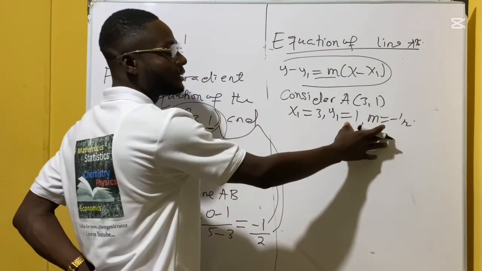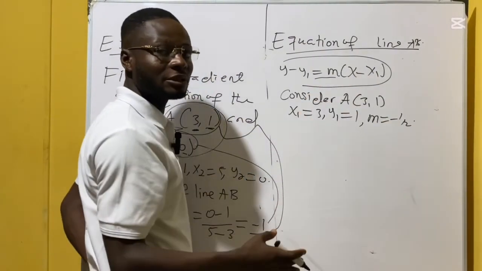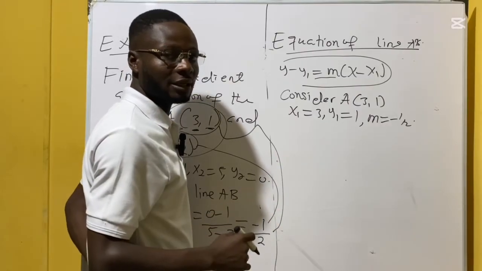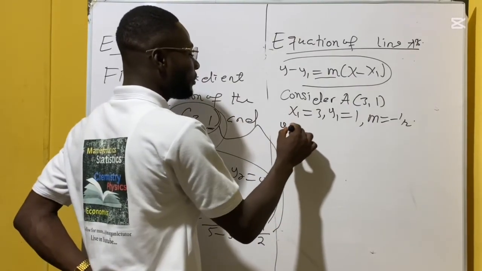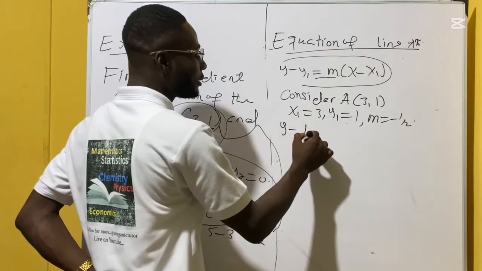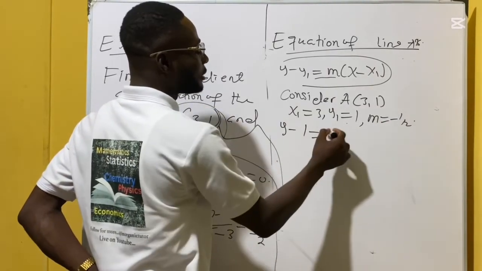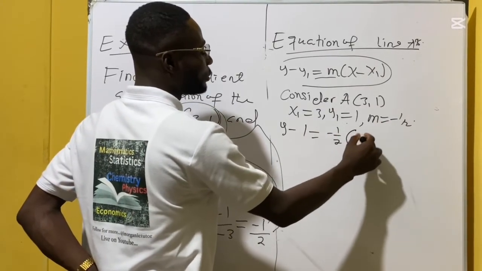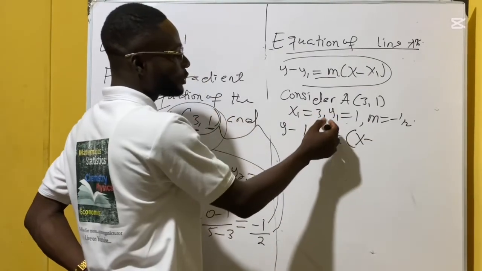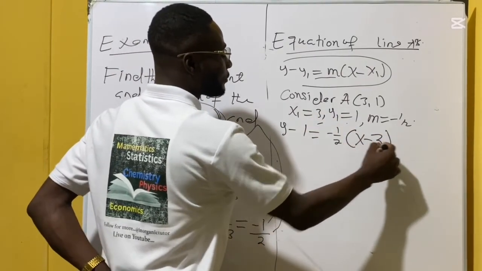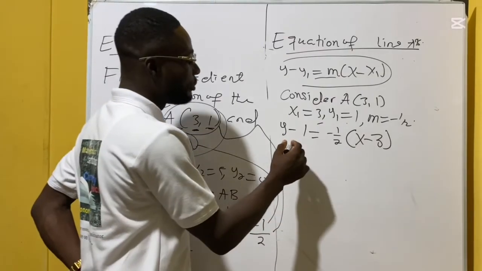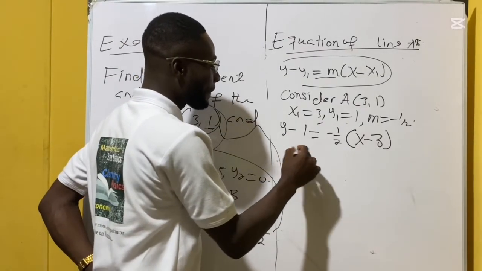Once we know this information, we just substitute to find the equation of the line. So we have y minus y1, which is 1, equals our gradient, which is minus half, into x minus x1, which is 3 here. So we're basically going to have y.